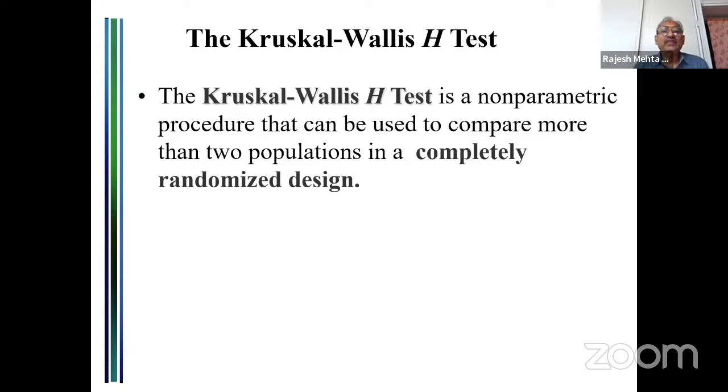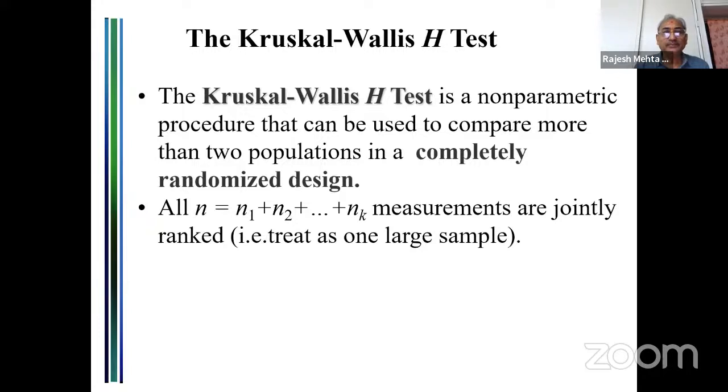In case, let's say, you are working in the wards and you are using five different techniques and you have only 10 patients or 15 patients in each group and you want to find out which method is better. At that time, this Kruskal-Wallis test will be useful. And it says that all N1 plus N2 up to Nk measurements are jointly ranked, treated as one large sample.